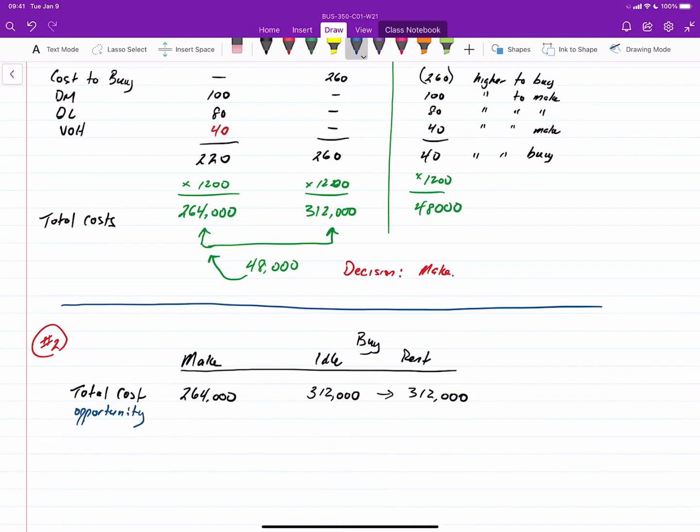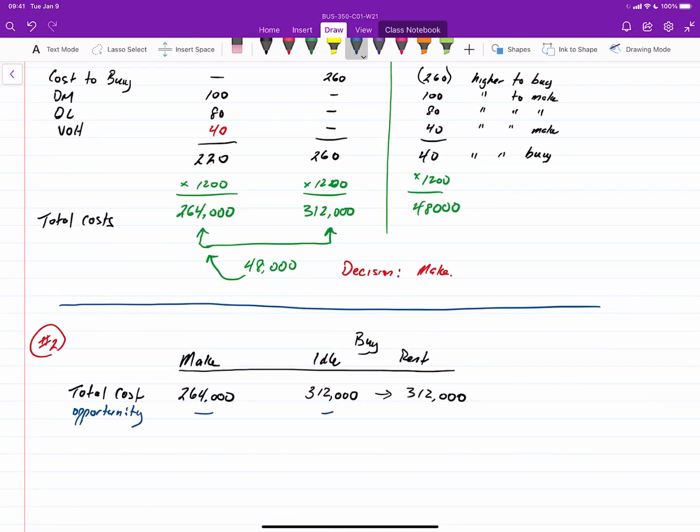And so if I make the product, I cannot rent. If I buy the product and leave idle, I also cannot rent. I don't get any additional profit. But if I buy the sales from the outside manufacturer and then rent the space, this gives me an additional $80,000 in profit opportunity. Well, this acts as a reduction against my total costs.